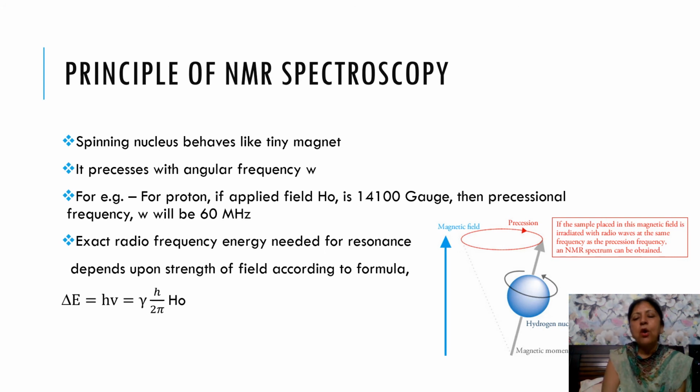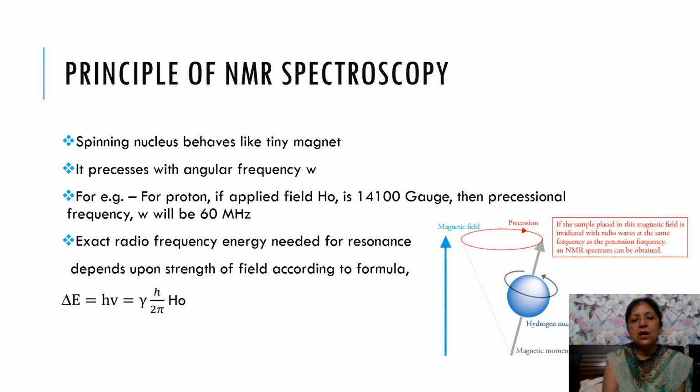And third is now resonance. So what do we mean by resonance? Now we know that there is an energy gap between two spin states, and flipping can occur. Flipping means excitation of the nucleus from the lower spin state to the higher spin state.